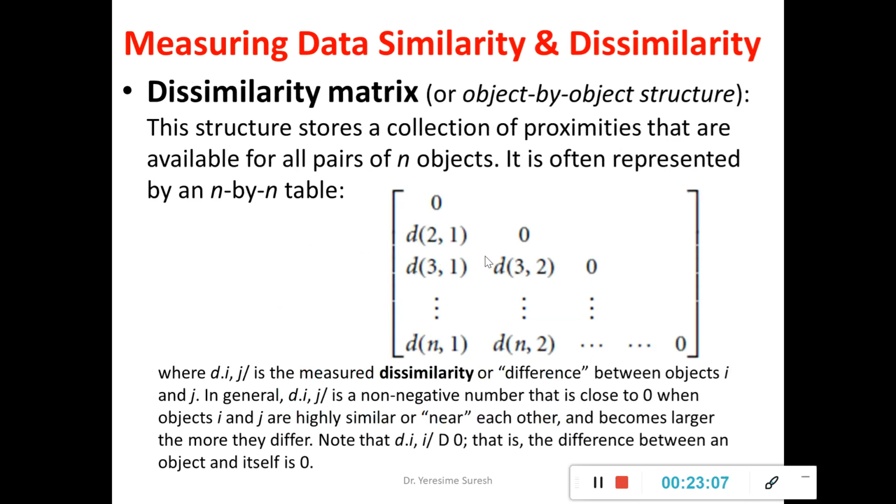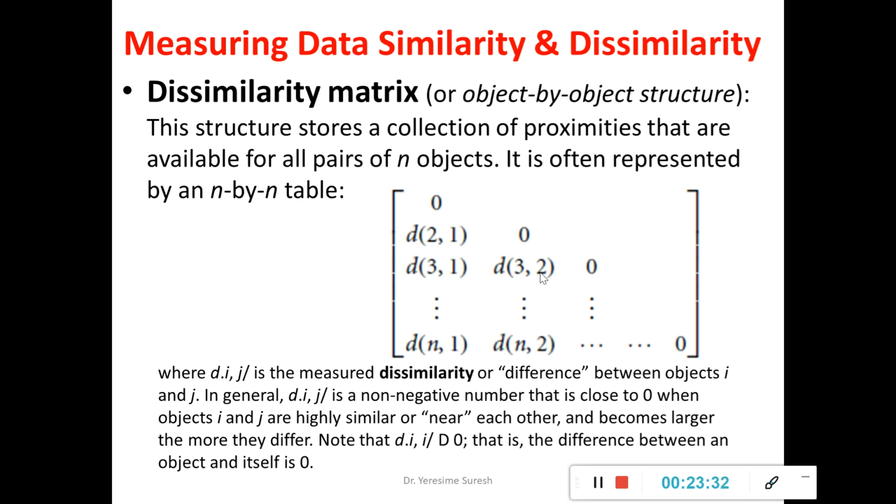So attributes are missing here. In general, the distance or dissimilarity between i and j is a non-negative number that is close to 0 when objects i and j are similar or near to each other, and it becomes larger when they differ. That is, the distance d(i,i) will be equal to 0. That is, the difference between an object and itself is 0.